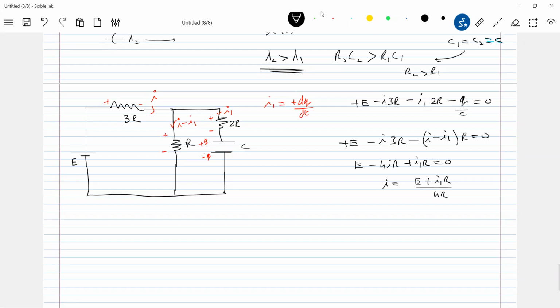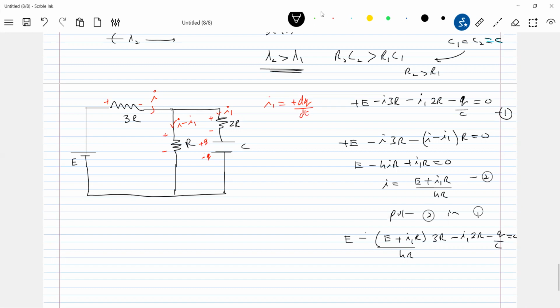So this I'll substitute in equation 1. This is equation 1, and this is equation 2. Put 2 in 1. This will be E plus I1R by 4R, this is 3R, minus I1 into R minus Q by C equals 0.